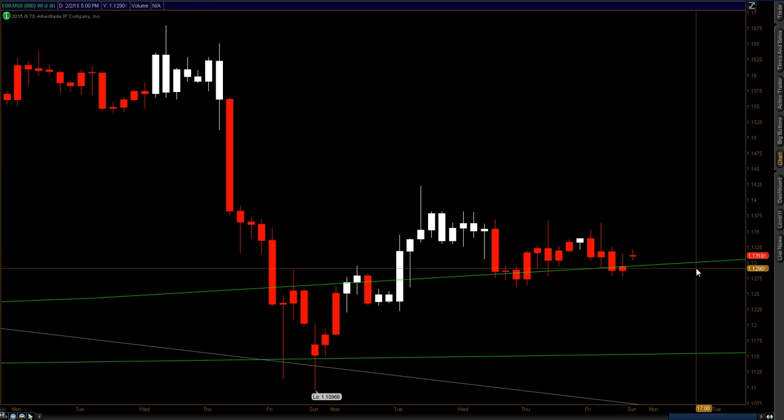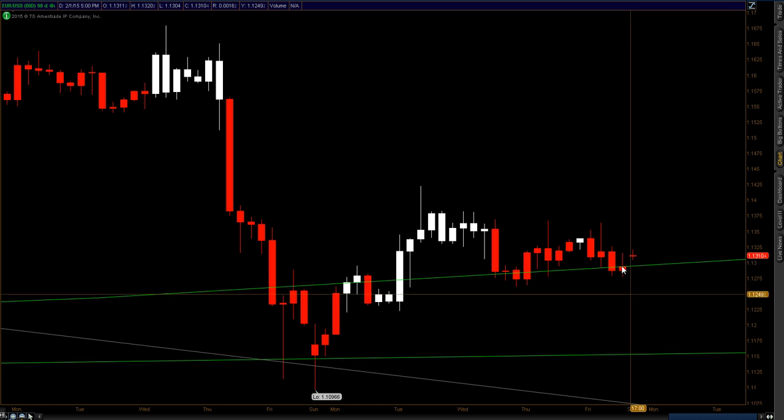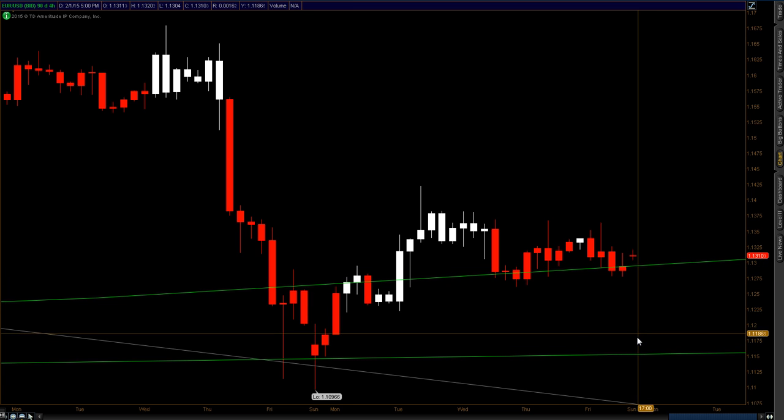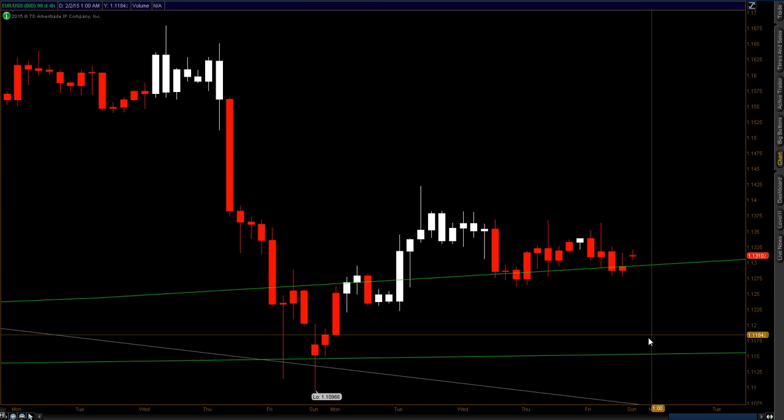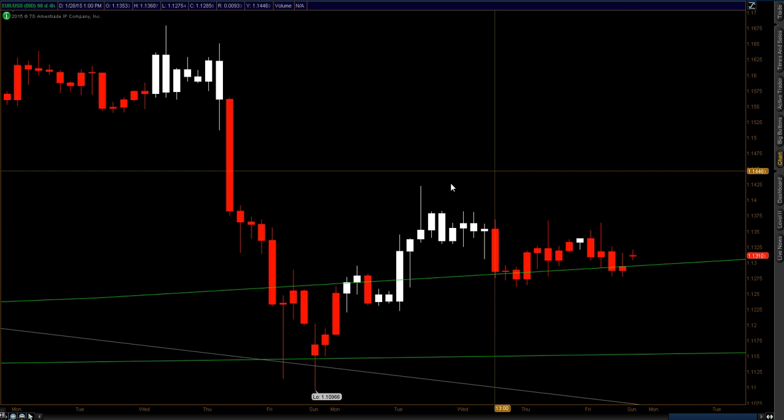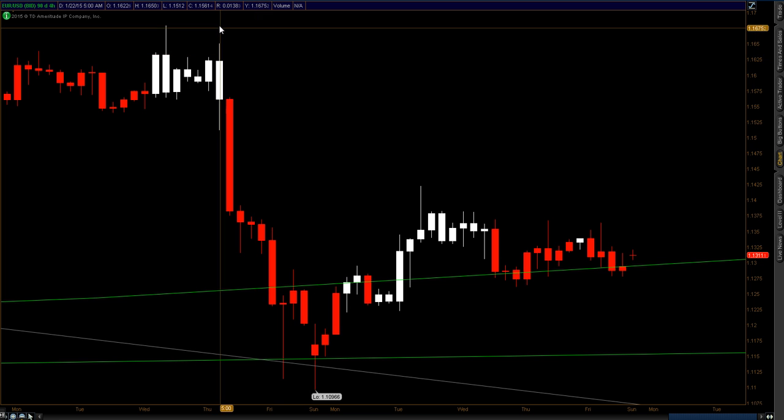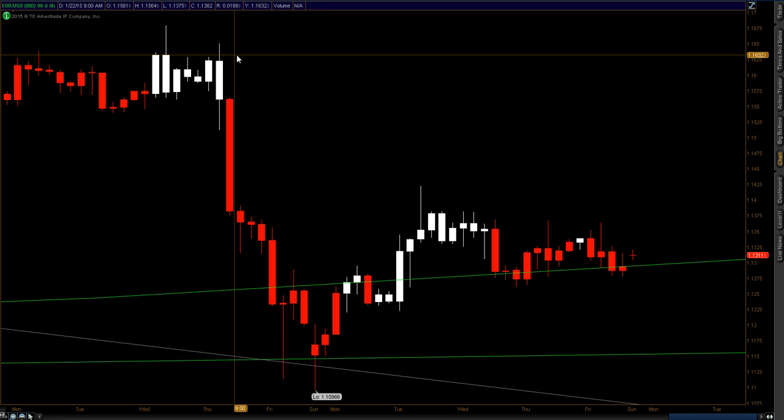Make sure it doesn't take out that 1290. If it takes that out, then it's going to definitely test this level, but it should find support if it cracks down. And if it holds this one, it should probably try to test this one and push higher and maybe get to 1679 or around that 1633 level.